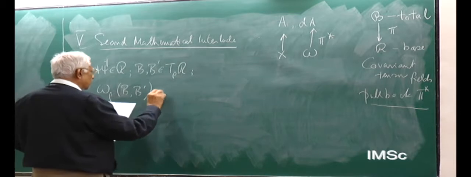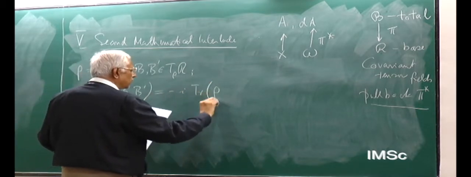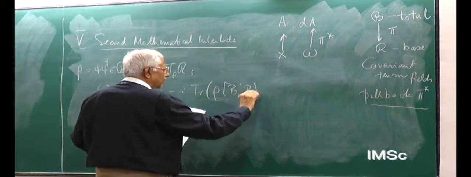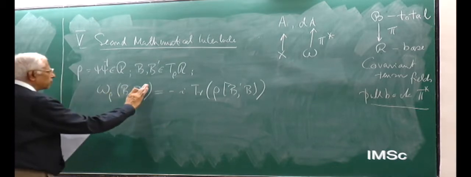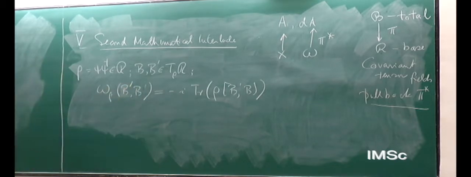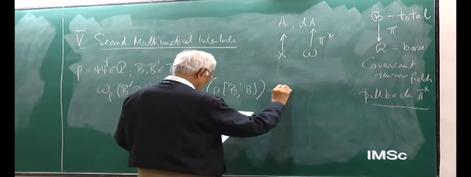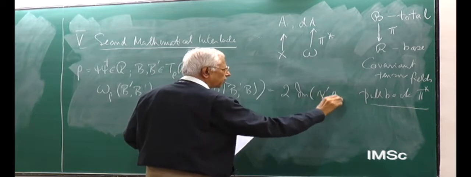These are not things I have time to derive, but I think you must appreciate how everything hangs together. The commutator of B with B prime enters, I should have put B prime B. It is antisymmetric, so the sign is relevant. So here it is, and it is also 2 times the imaginary part of the inner product of chi prime with chi.